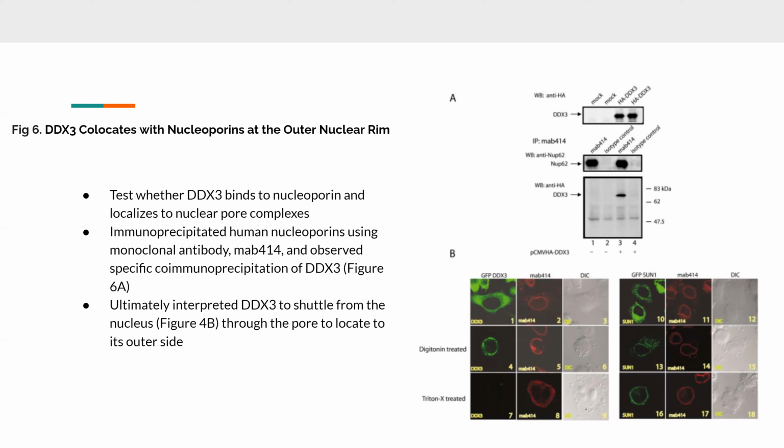When GFP-DDX3 was visualized, co-localization of DDX3 as a rim with the nucleopores occurred. GFP-Sun1 is the constructed GFP tagged inner nuclear membrane protein.